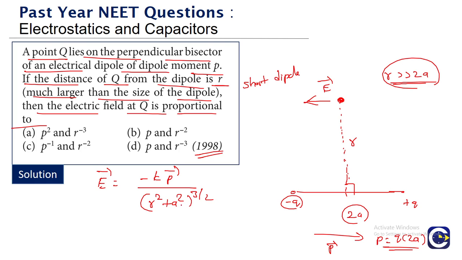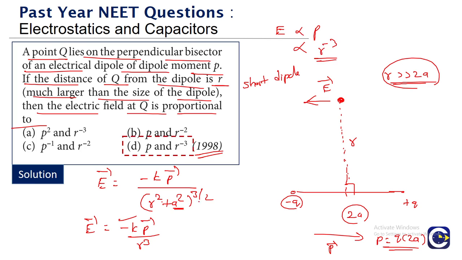If it is a short dipole, means a we will neglect, so it becomes minus kp bar divided by r square whole power 3 by 2, means r cube. So the negative signifies the direction. So what do we see? Just the magnitude is proportional to P and is proportional to r power minus 3. So what is the correct answer for this? Option D. It will be proportional to P and proportional to r to the power of minus 3.